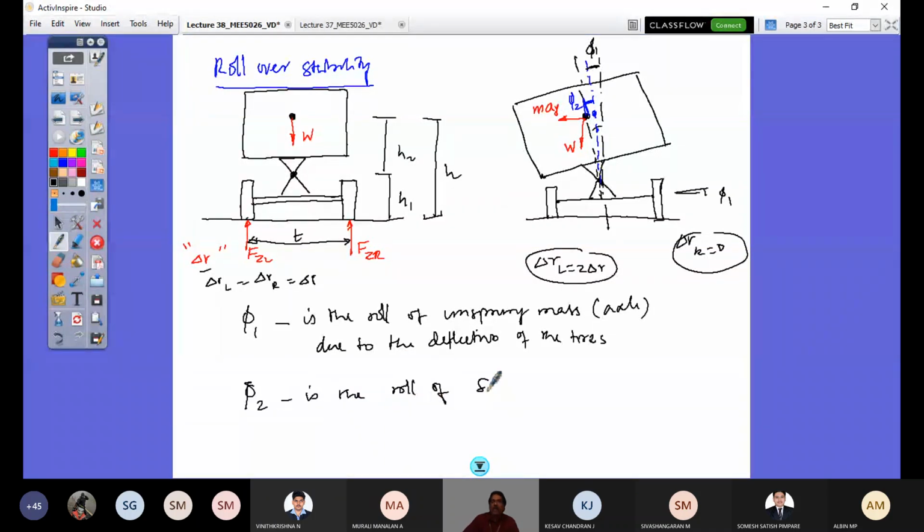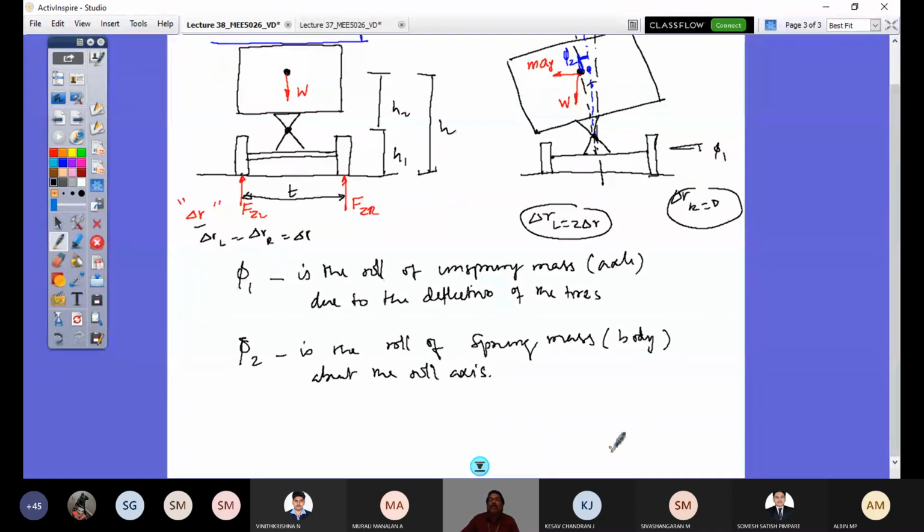It's the vehicle body, about the roll axis. With this understanding, we can find the moment equilibrium about the point which is projected onto this.